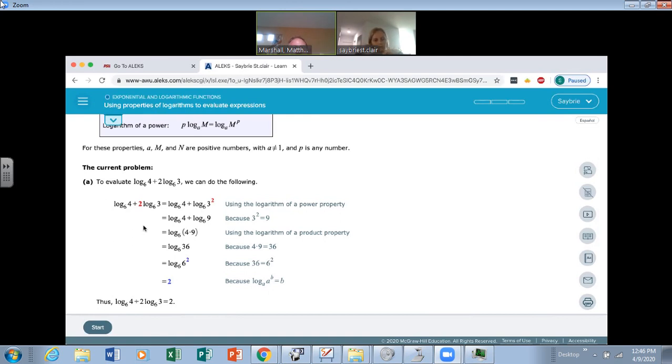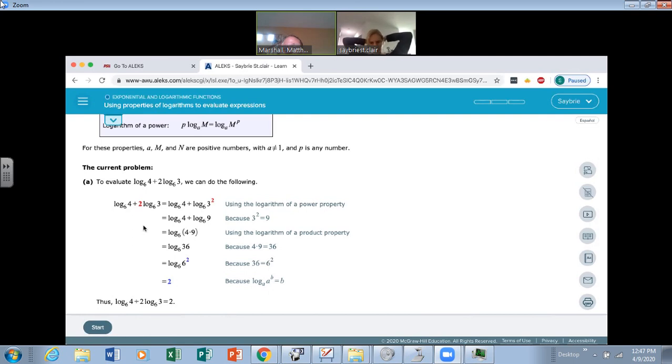And then they used that rule from that box that I had you take a picture of, where if the bases are the same, you could take those numbers next to it and times them together there. It's kind of confusing there. And then that gave you log base 6 36, which is log 6.